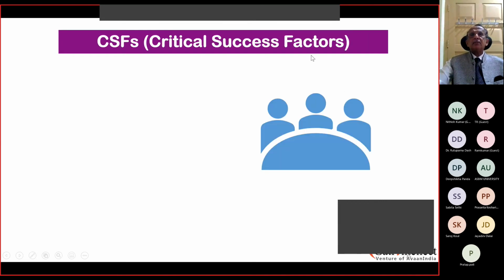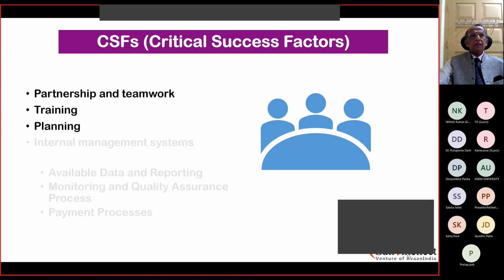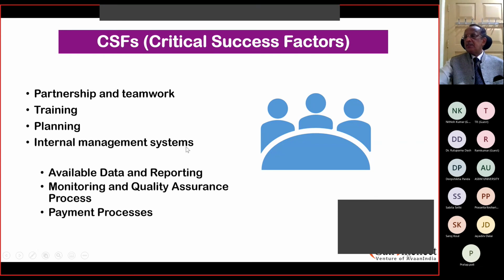Look at the critical success factors. Partnership and teamwork. See, it's very essential. You have to work as a team. Training, planning, internal management systems, available data and reporting, monitoring, quality assurance processing. These are all very vital things within the organization.